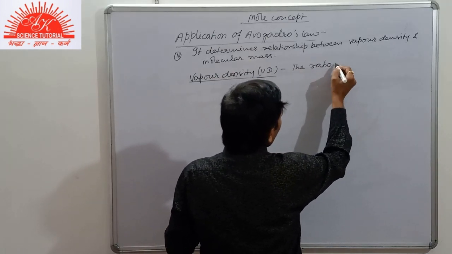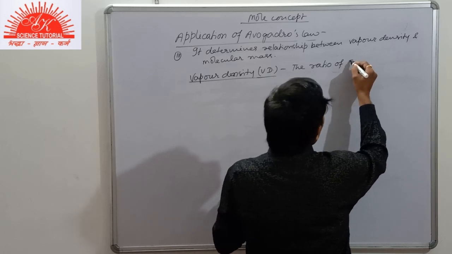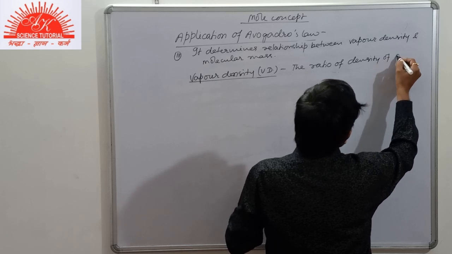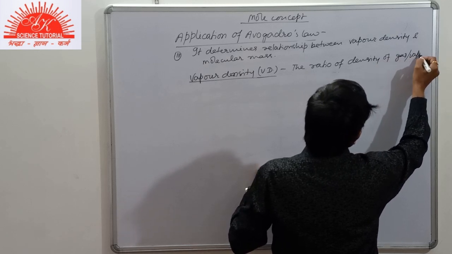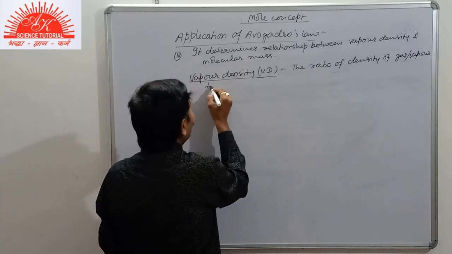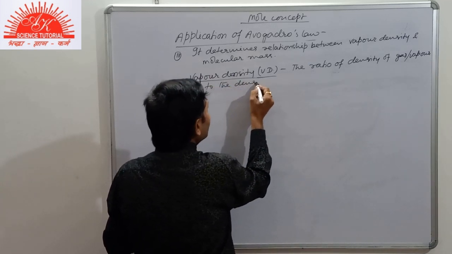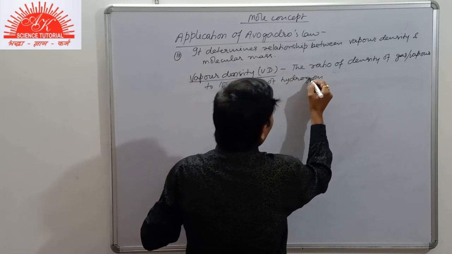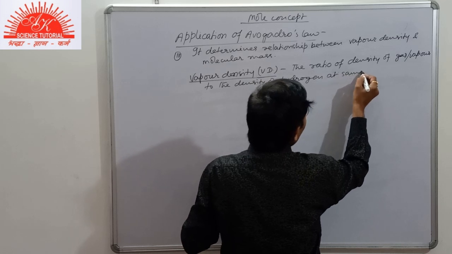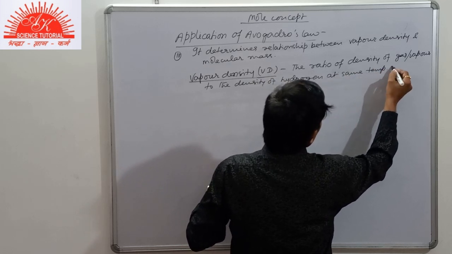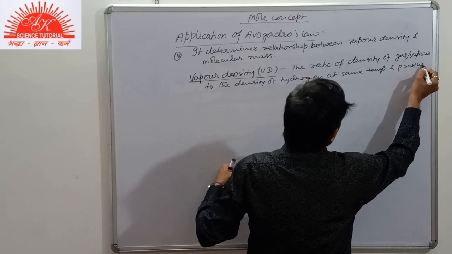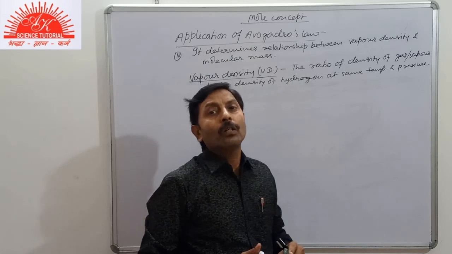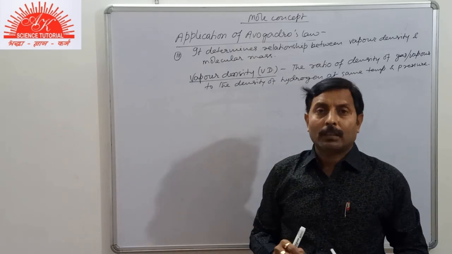The ratio of density of gas or vapor to the density of hydrogen at the same temperature and pressure is called vapor density. Since it is a ratio, it will have no unit.